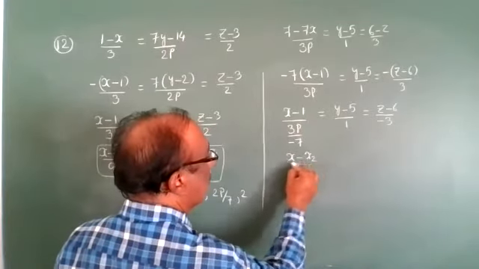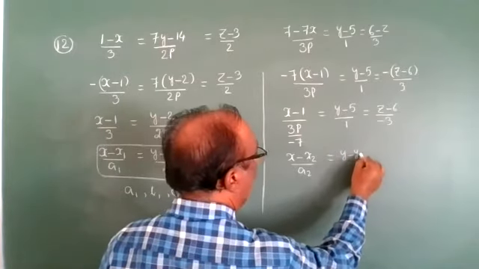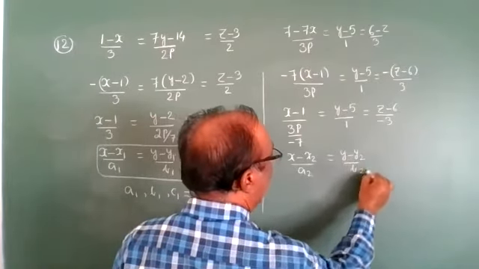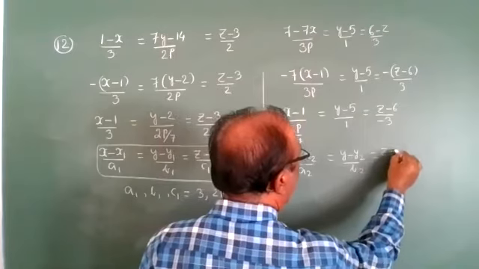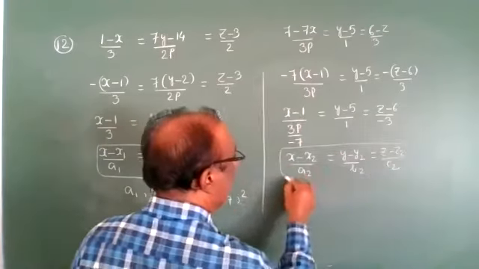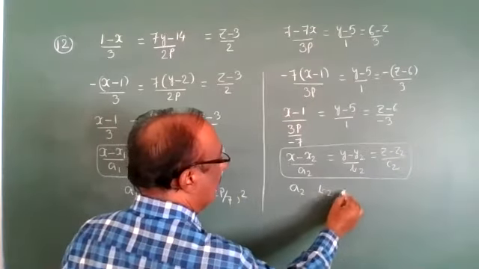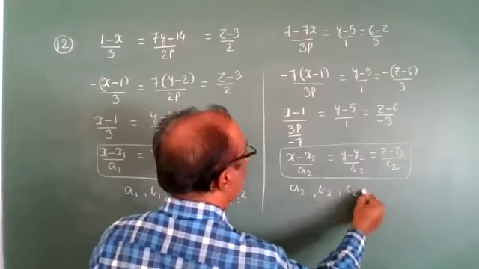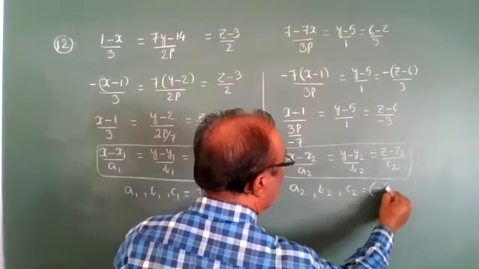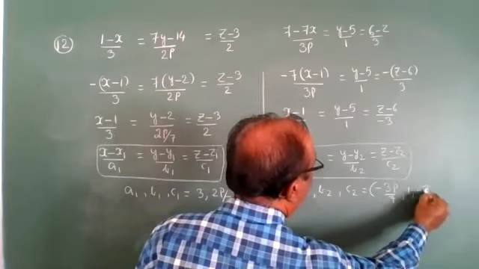(x minus x2) by a2, (y minus y2) by b2, (z minus z2) by c2. By comparison, what are the DRs? a2, b2, c2 is equal to minus 3p by 7, 1, minus 3.